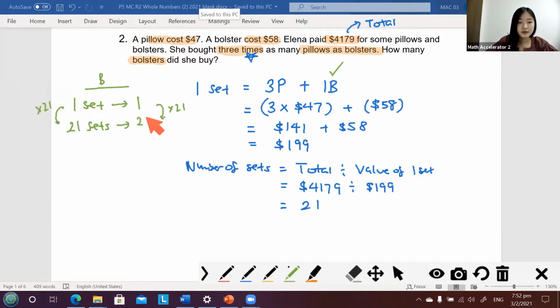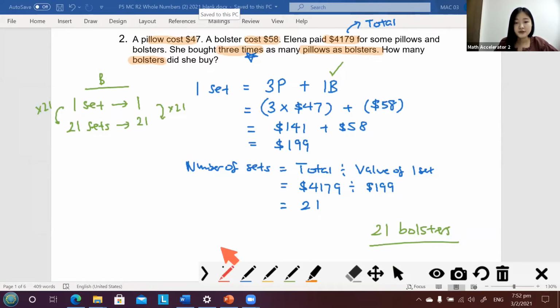So that will be 21 bolsters, the number of bolsters. No, it's not dollars, it's the bolsters. Dollars is your $58 for the bolster, but there are 21 in total for the bolsters.